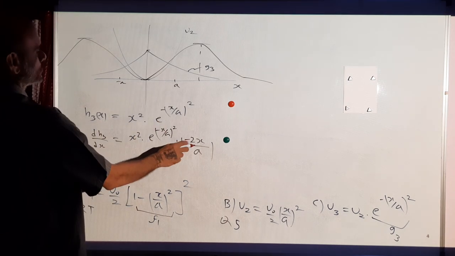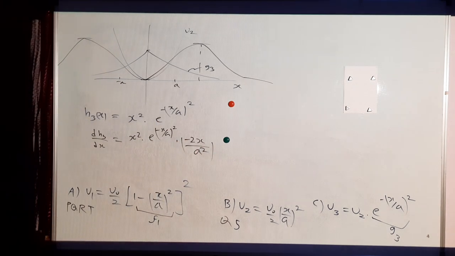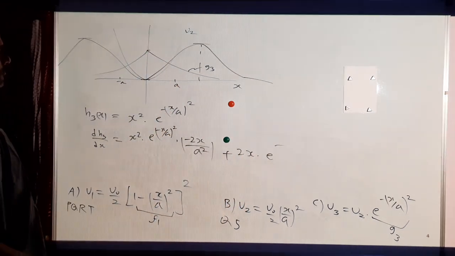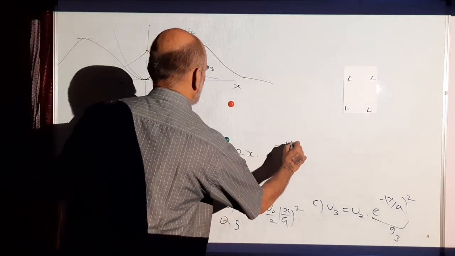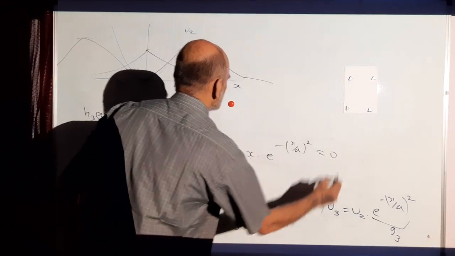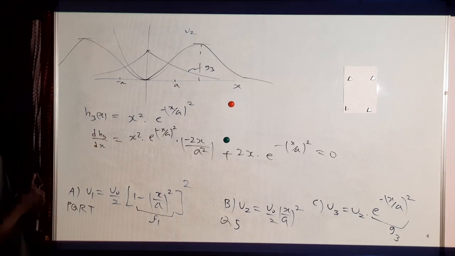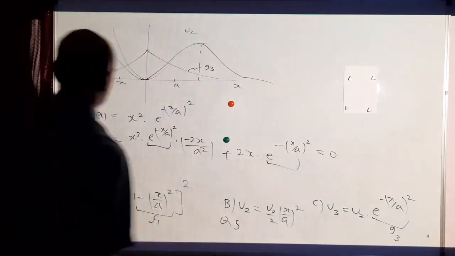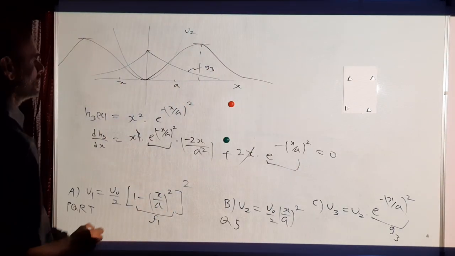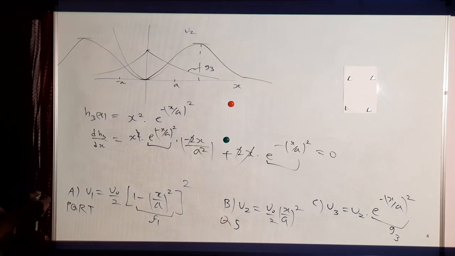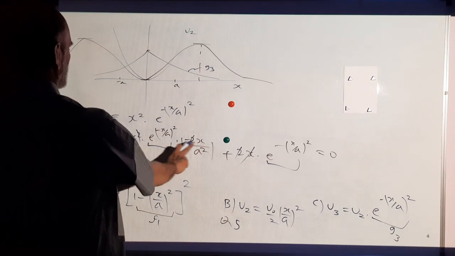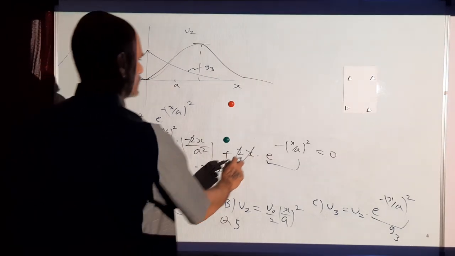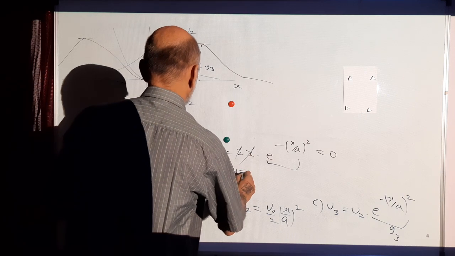Minus sign is there; it's x square, the derivative is 2x, a square is here, and then the derivative of x square is 2x, into e raised to the power minus the same thing, x by a whole square. So we have to put this equal to 0 to get this maximum point, and this is the minimum point. So this factor we can cancel, and then x can be cancelled, and 2 will also go. So this is x square by a square minus x square by a square. Everything has gone. So plus 1 equal to 0.